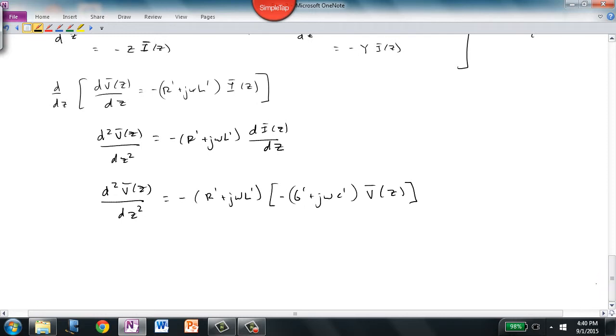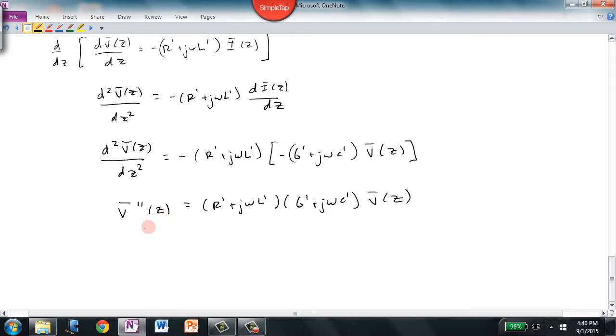So we can see what's going to happen here is that these signs are going to cancel, and I'm going to use a different notation here. V bar double prime of z, the second derivative of the voltage, is just equal to R prime plus j omega L prime times G prime plus j omega C prime times V of z.